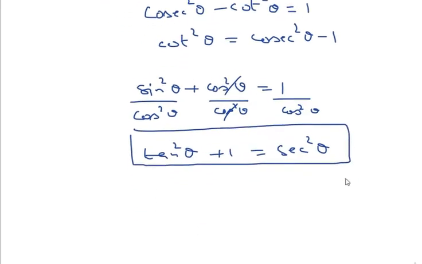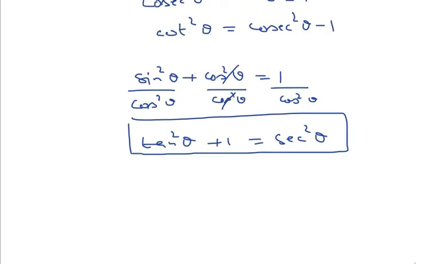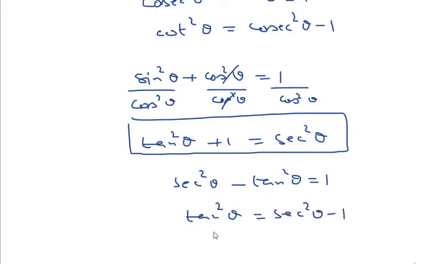From this third identity we can find more results. Sec square theta minus tan square theta is equal to 1, or we can write tan square theta is equal to sec square theta minus 1.